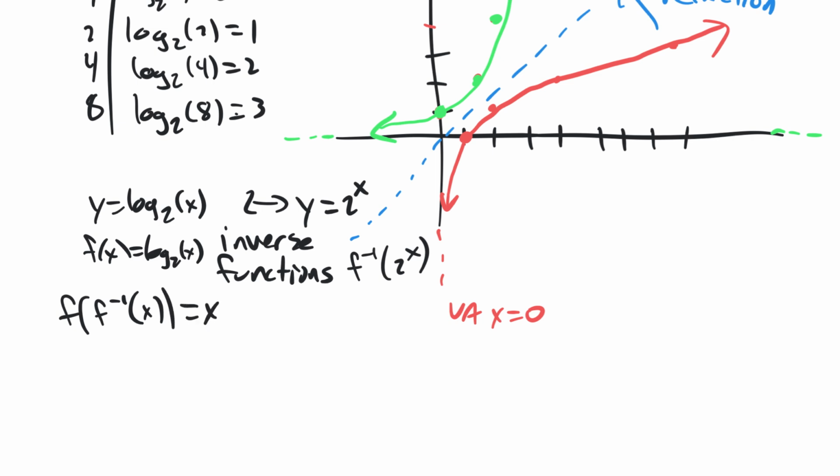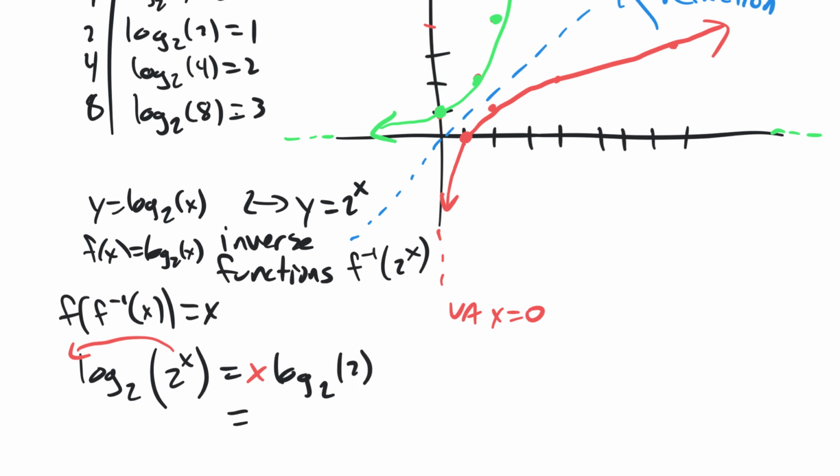Well, let's try it. f of f inverse would mean we have to find log base 2 of, and everywhere we see the x, put in 2 to the x. Well, the log rule allows us to take the exponent down, x in front, log base 2 of 2. Log base 2 of 2 is 1, so we just get x. So yes, they are inverse functions of each other. They're the opposite. They work out perfectly this way.